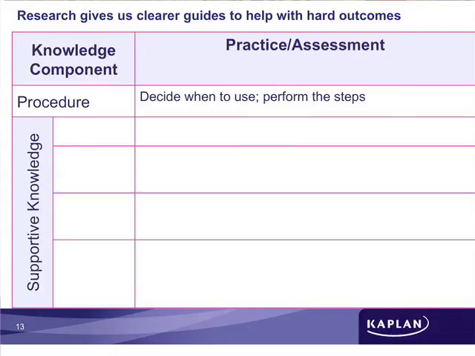Now, that kind of thing is supported by other kinds of outcomes that are knowledge components. So facts, you gotta have some facts to do certain things. And the kind of practice that really helps with this is not just memorize facts on white pieces of paper, it's actually have practice exercises where you are recalling these facts in a work or task context.